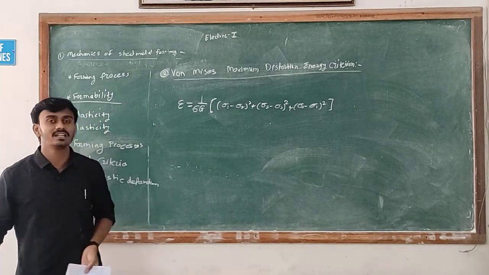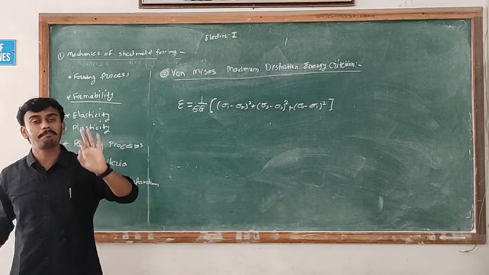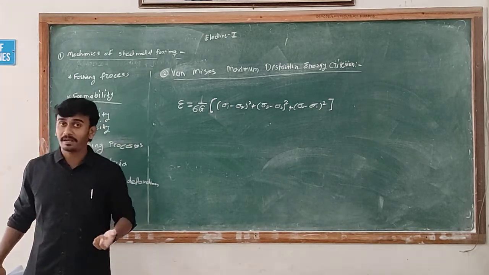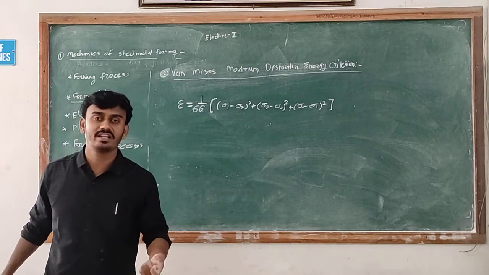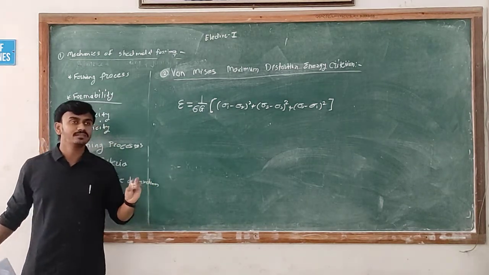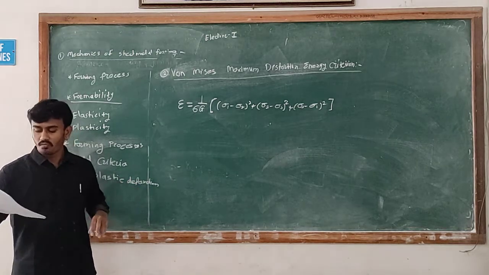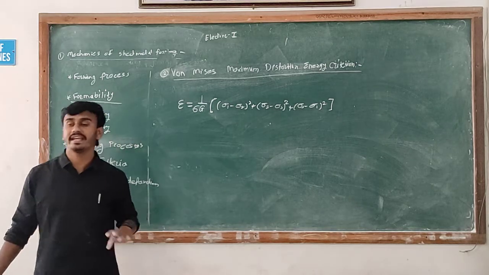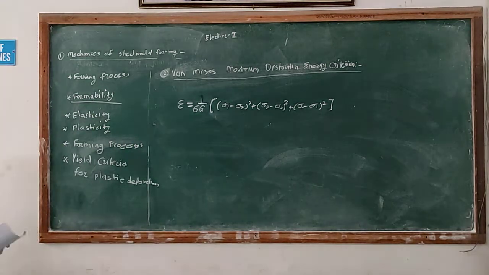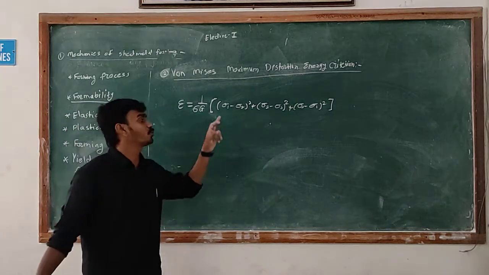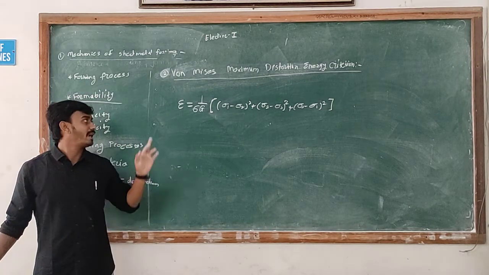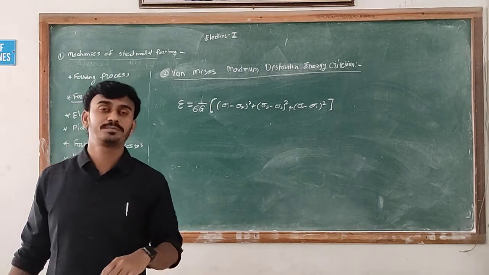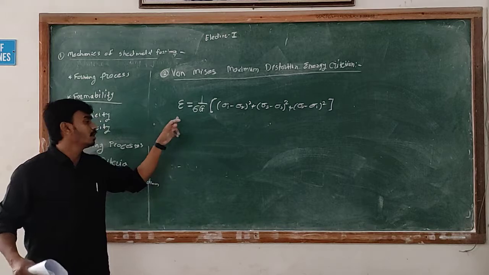This criteria states that the plastic deformation in a material is initiated when shear strain energy reaches its critical value. Here epsilon is the shear strain energy per unit volume.